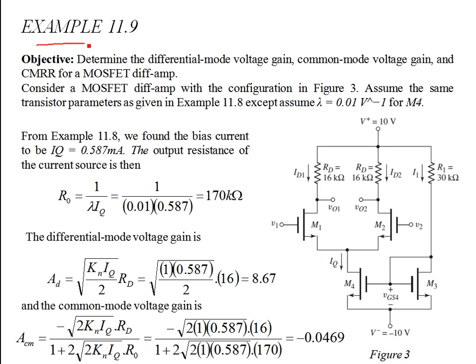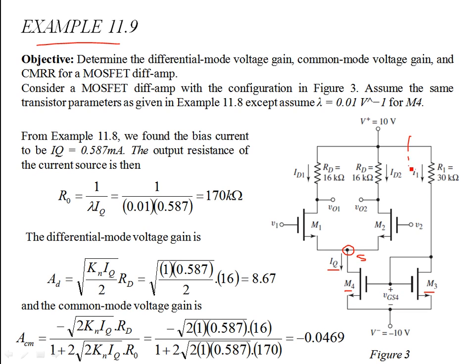Example 11.9 shows the dependence of the common mode rejection ratio on R0, the output resistance at the source. This is the source of the two MOSFETs M1 and M2, which are biased by the quiescent current IQ, supplied by two transistors M4 and M3.